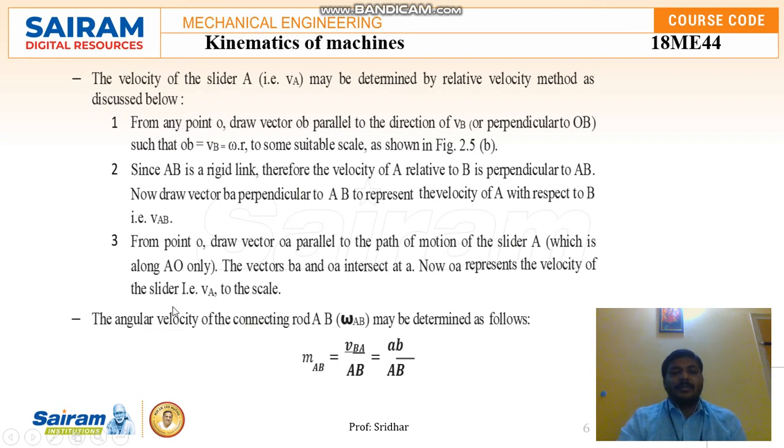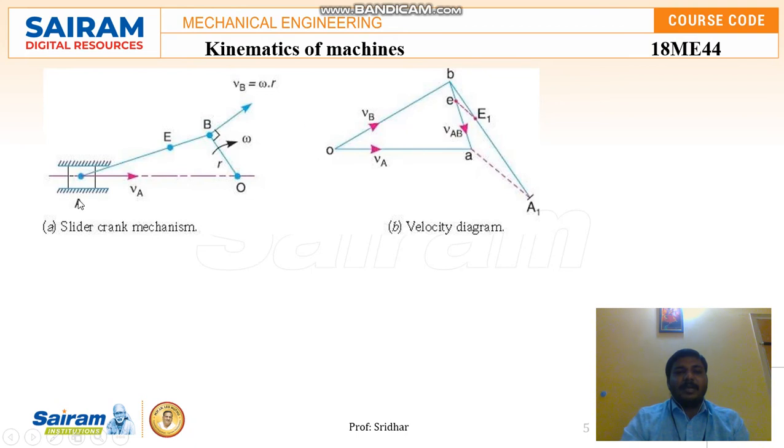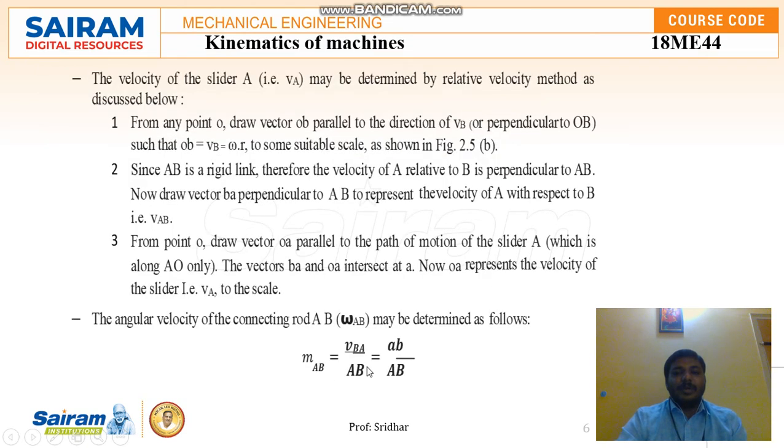The angular velocity of the connecting rod AB, that is omega AB, may be determined as omega AB equal to VBA by AB, equal to small ab by capital AB, where small ab is the vector diagram and capital AB is the slider crank mechanism. By using this equation, and this vector diagram and slider crank mechanism, we can find the velocities in the single slider crank mechanism.